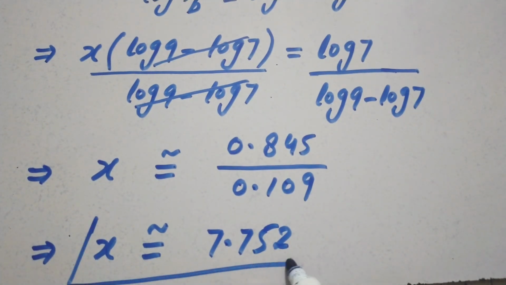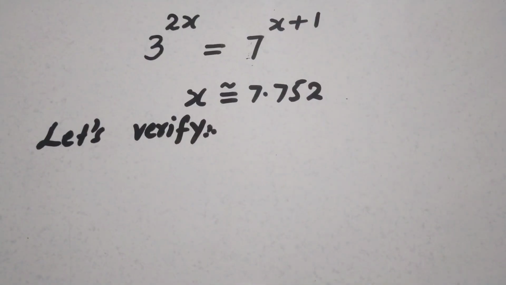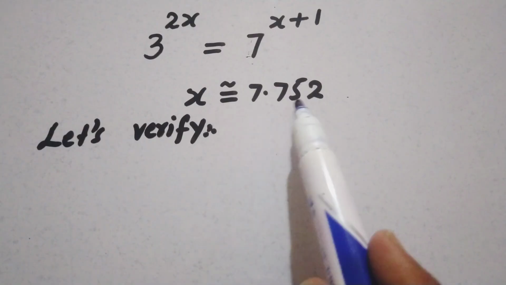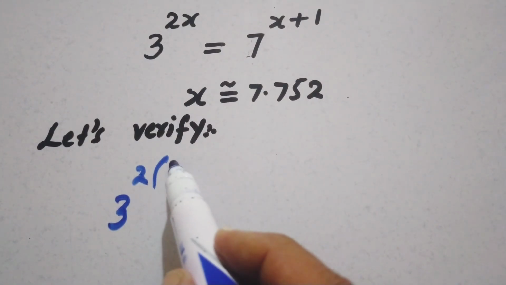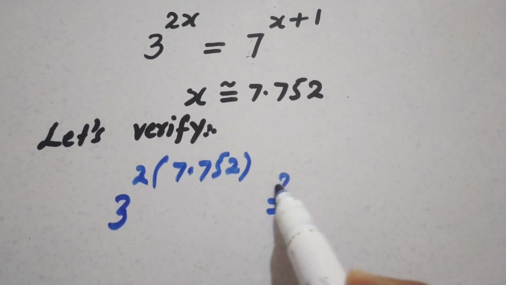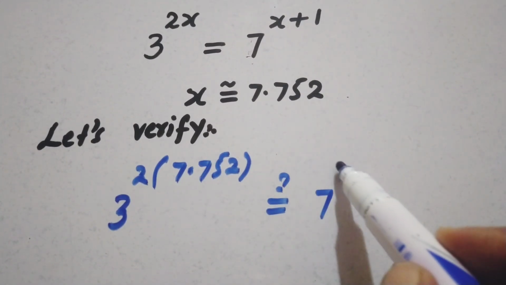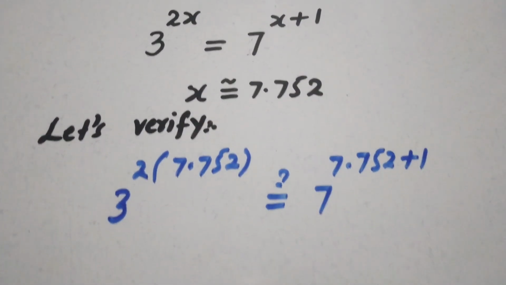Now let's verify whether this value of x is valid or invalid. By putting the value of x, this will become 3 power 2 into x, x is 7.752. Whether it is equal or not equal to 7 power x plus 1, which is 7.752 plus 1.